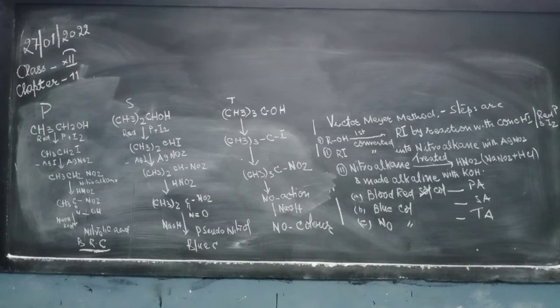So, when there is no color, it indicates the given alcohol is tertiary. Please revise it. I am going to repeat it one more time. Please be serious and try to learn it as quickly as possible.